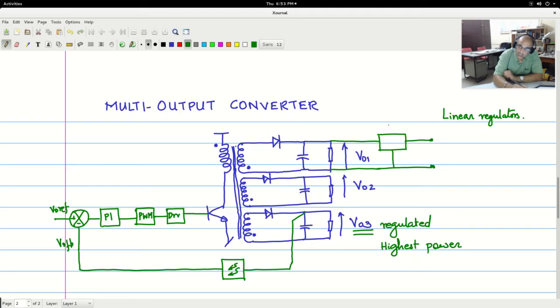There are many linear regulators. You may already have heard of the 78XX series, where 7812 means a 12 volt regulator, 7815 is a 15 volt regulator, 7808 is an 8 volt regulator, and so on and so forth. That is one such series, but there are many manufacturers and many 3-terminal regulators.